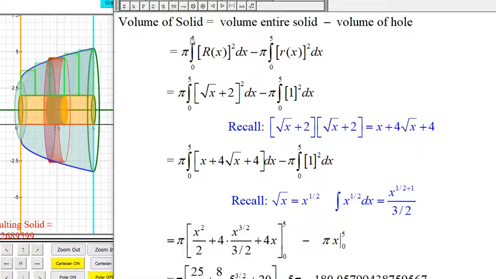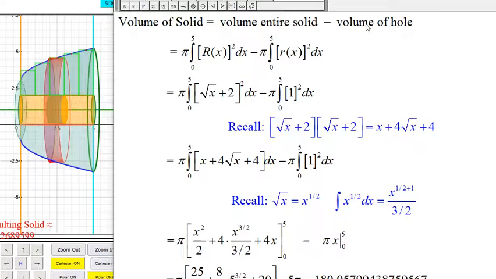Again, the volume of the solid that we want is the volume of the entire solid minus the volume of this hole. To get the volume of the entire solid, it's pi times the radius squared, which is big R, and then dx. Notice that x ranges from 0 to 5, so for our integral limits we have 0 to 5.